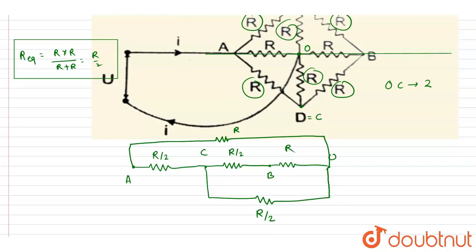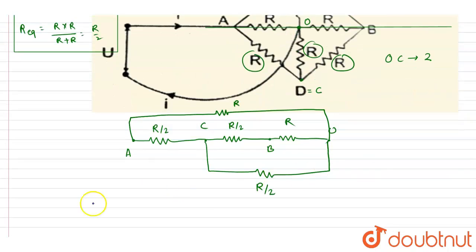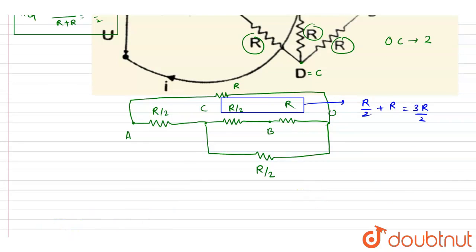We want the equivalent resistance between A and O. See, R by 2 and R are in series. So the resistance of these two will be R by 2 plus R, which is 3R by 2. And 3R by 2 and R by 2 are in parallel.